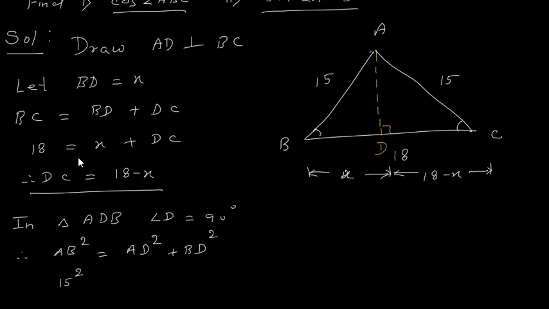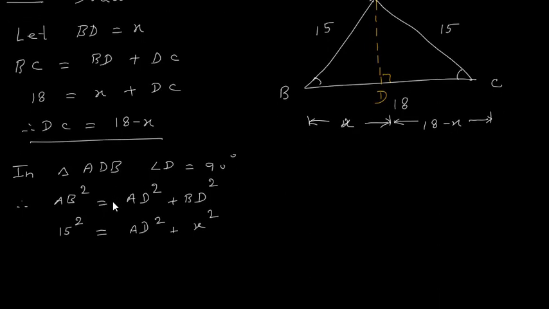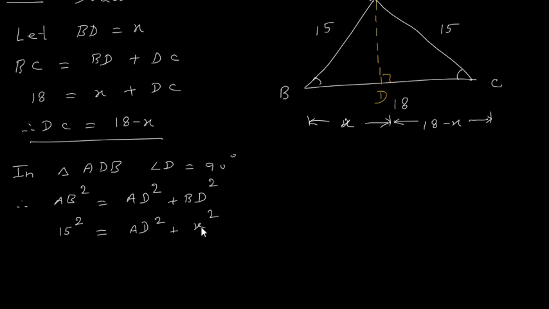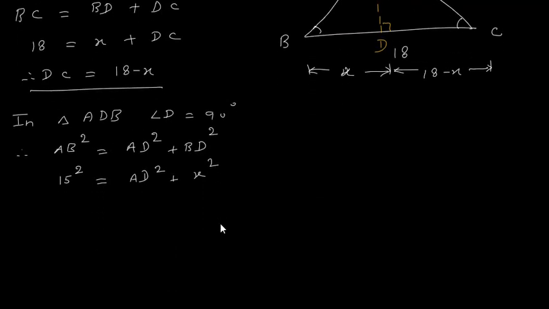We have 15 square is equal to AD square plus BD square, where BD is X square. Now I don't know the value of AD, as well as BD, which is in terms of X. So I can say that this AD square, which is unknown, is equal to 15 square, which is 225 minus X square. Let us consider this as equation 1.